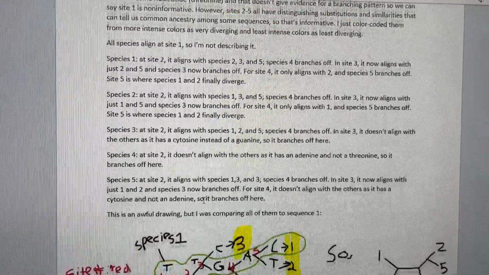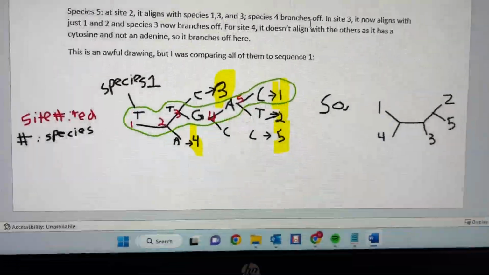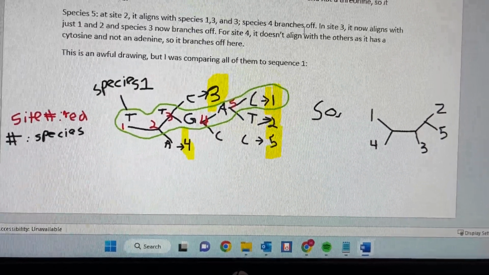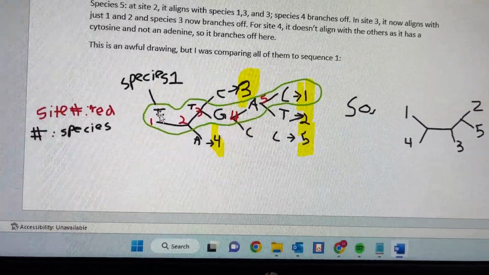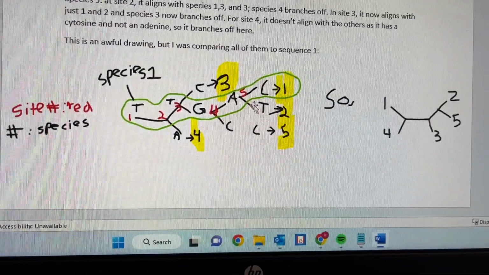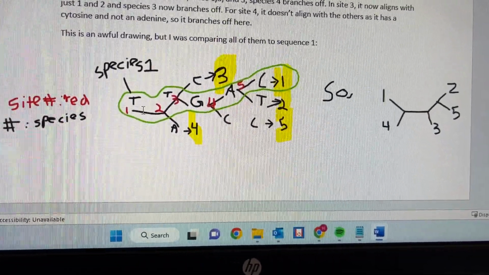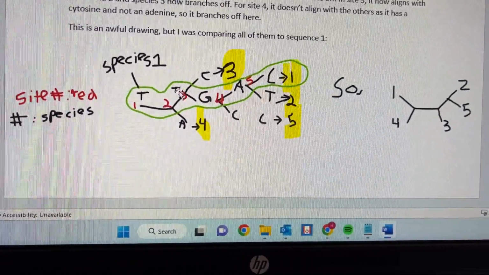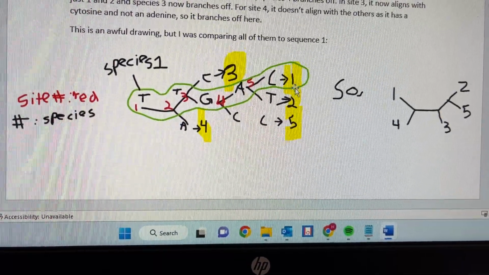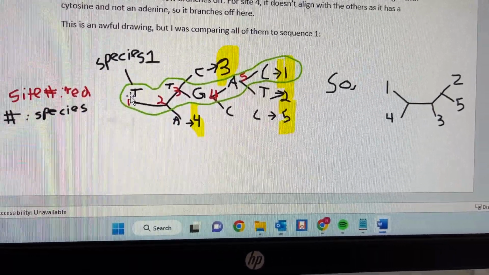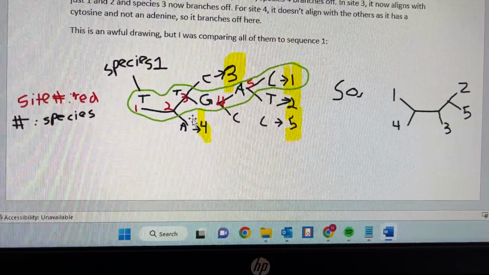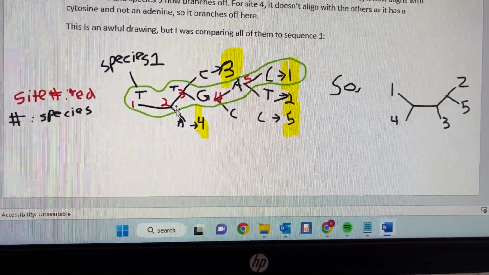put this into a branching diagram, I'll try to explain this as best as I can. So I'm just comparing it to sequence 1, and I try to show where those divergences are taking place. So all of them start with T, and then this is where they branch off.